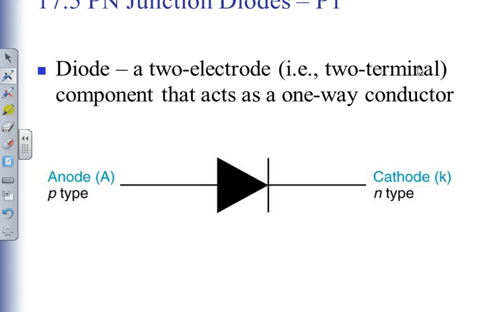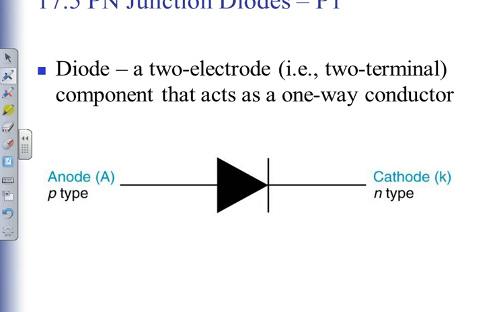So here we go. This is our IEEE now gets in the act and comes up with a diode. A diode has an anode and a cathode. The words anode and cathode are saved from our tube technology.